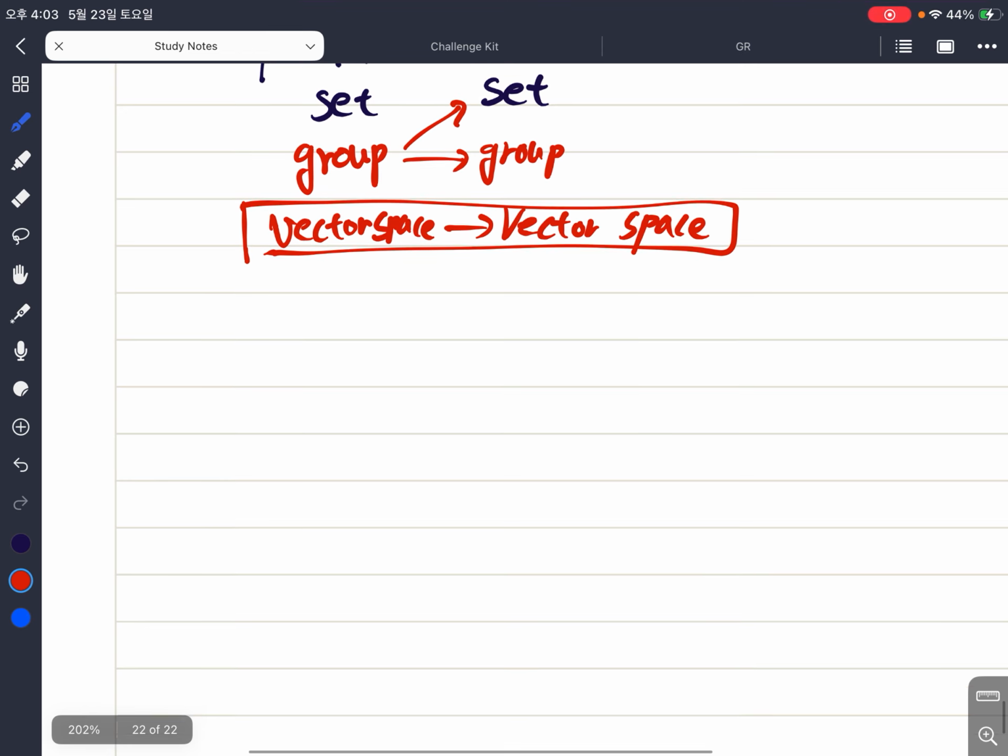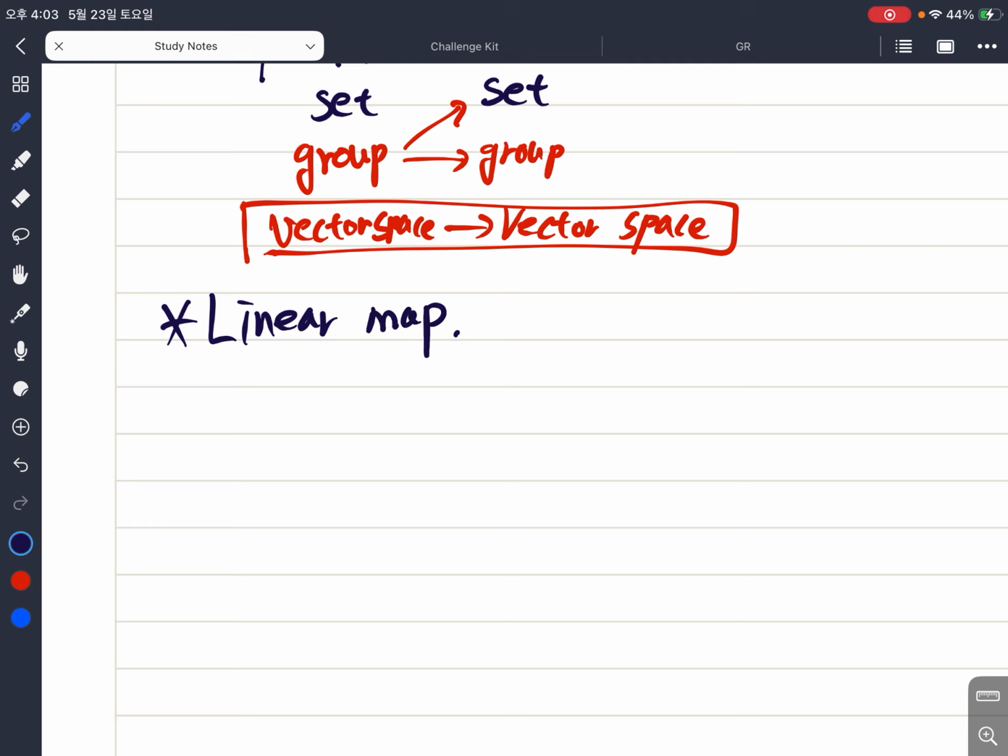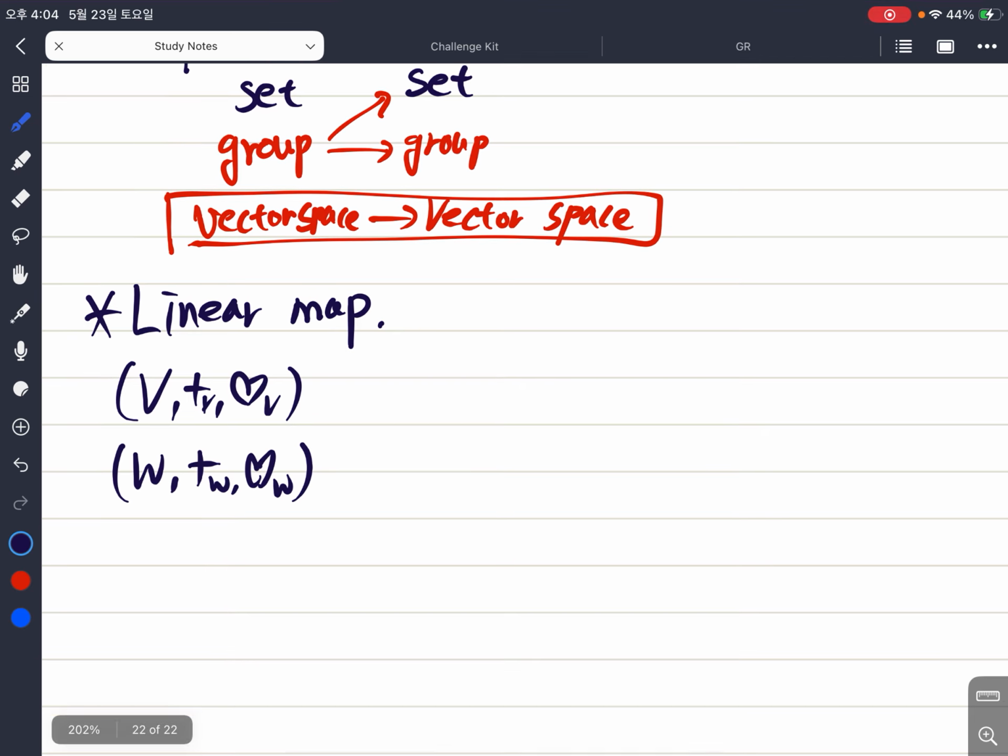So what is a linear map? Of course, you need two vector spaces. Let us assume both are K vector spaces, V with plus and scalar multiplication in V, and W with plus and scalar multiplication in W. Because I want to specify the domain of the operator, I clearly write V and W, and subscripts for specifying it again.